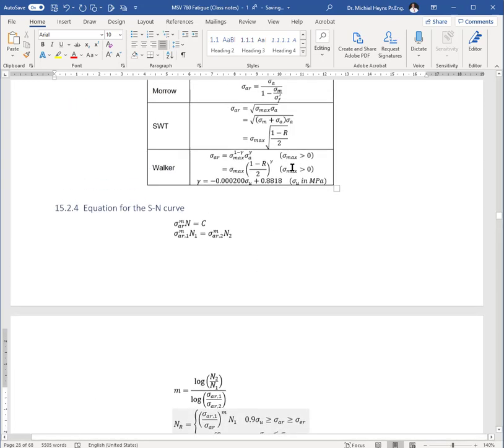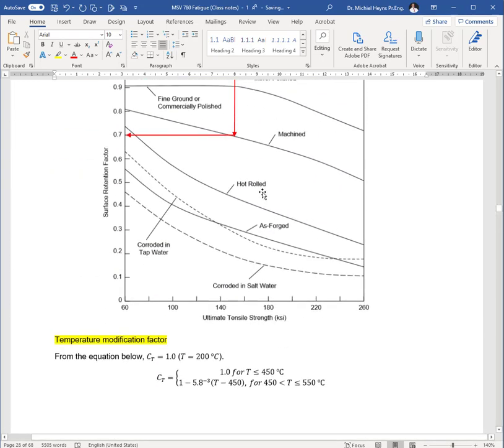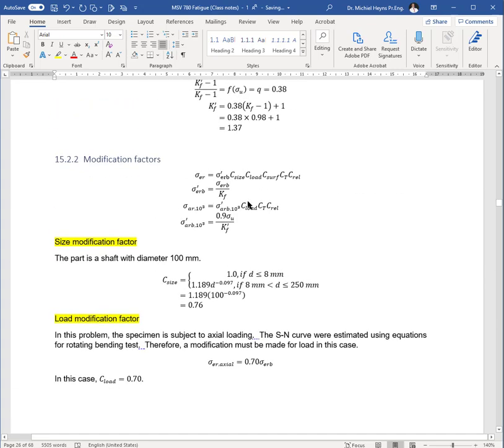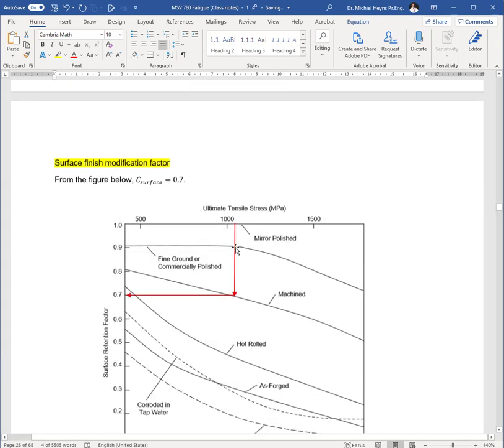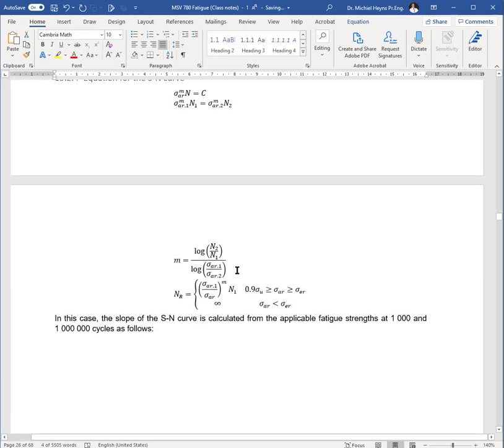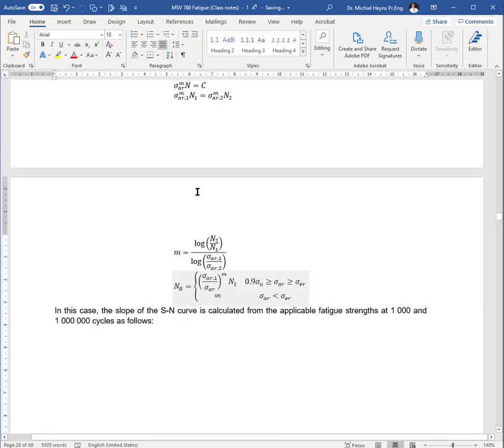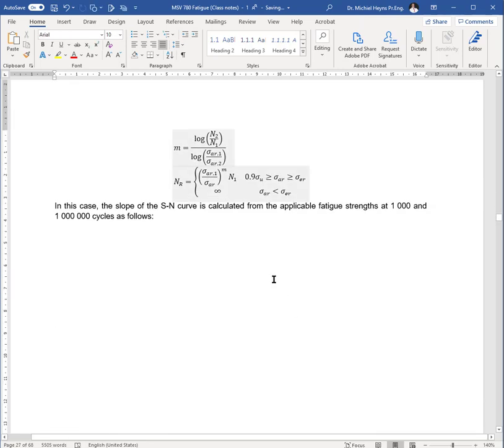Now let's look at our equation here at the top. First we're going to calculate our strength at 1 million cycles. I'm going to copy this to the equation here at the bottom so that we can do the S-N curve.